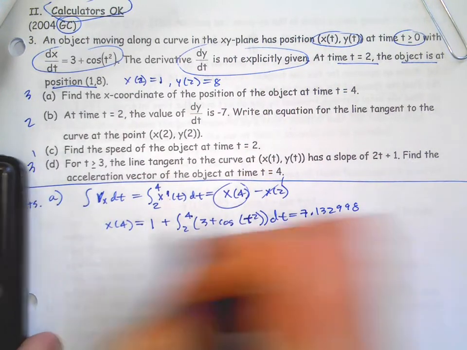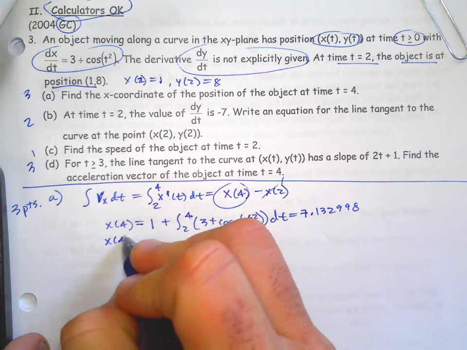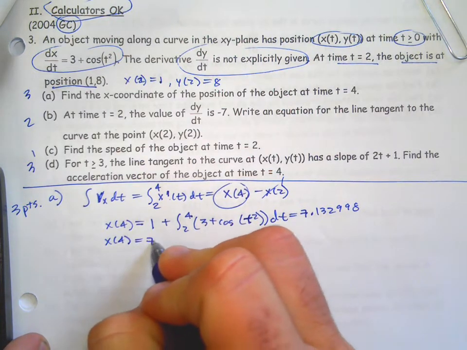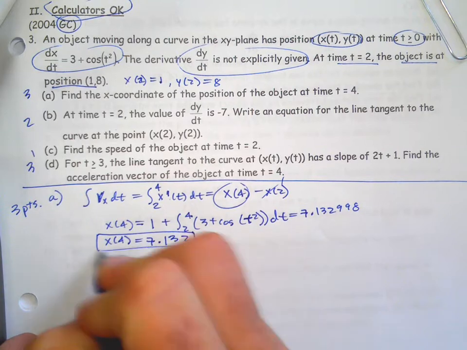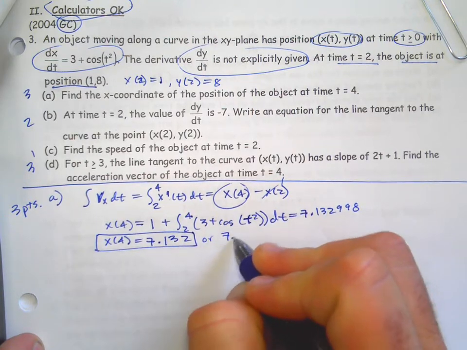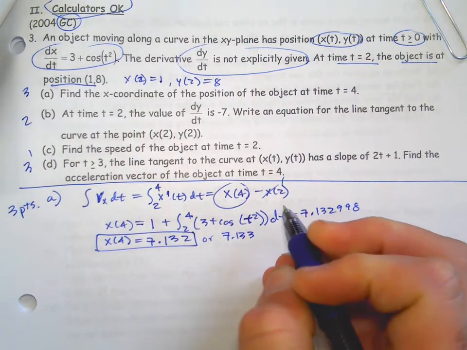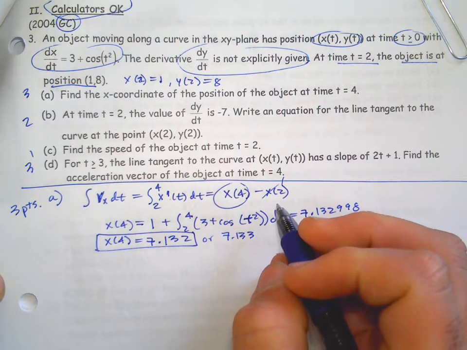So that's going to be 7.132998. So I'm going to say that x(4) equals 7.132 truncated, or 7.133 if you want to round. Now, there's a lot of points right here.